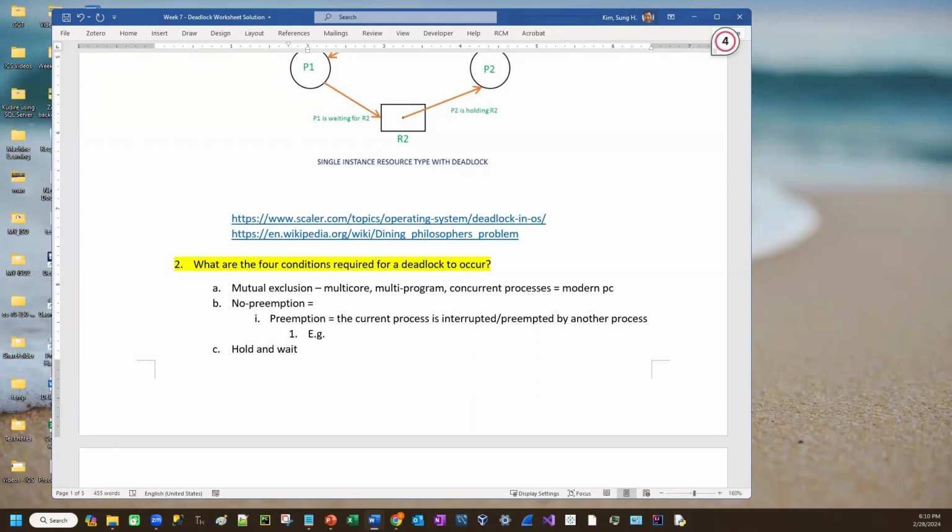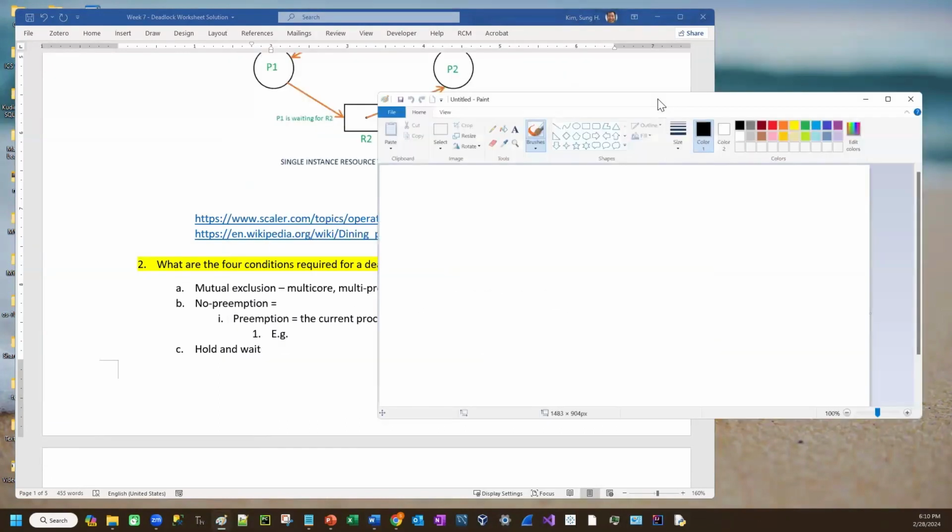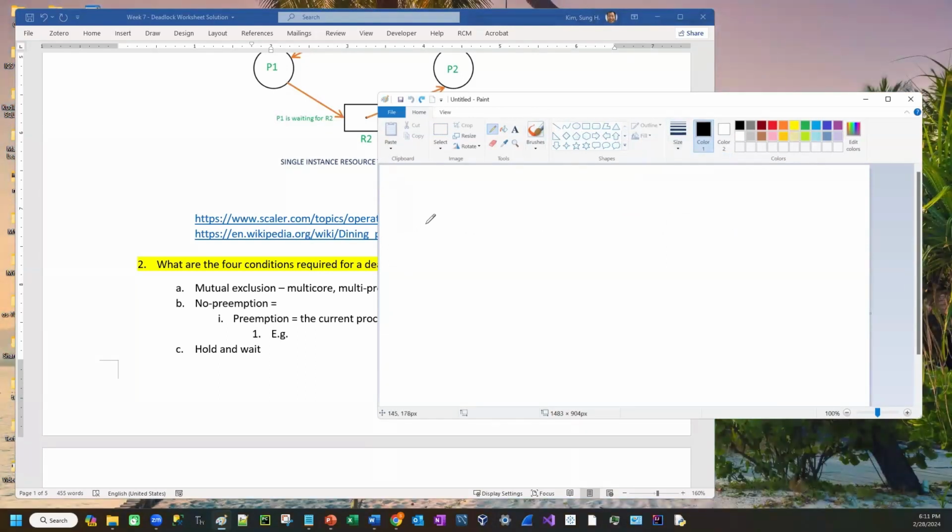We kind of looked at this before. So when we have a process table here and the time, right?